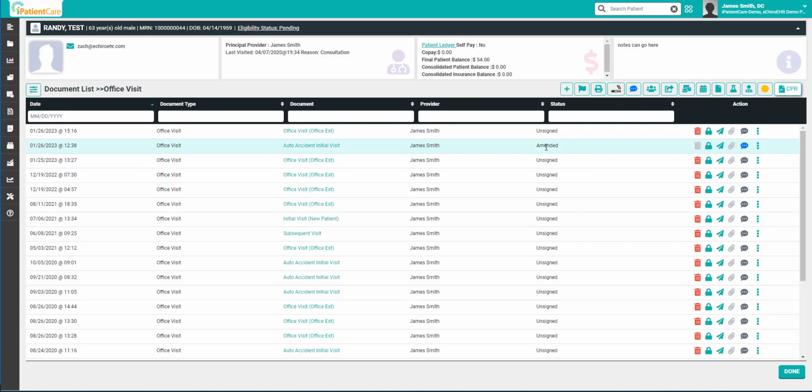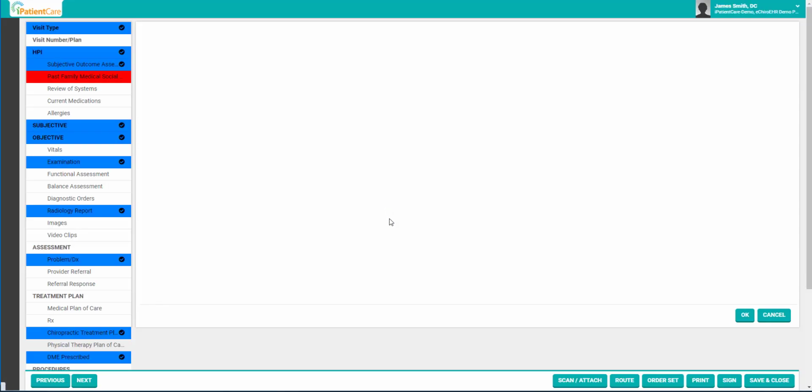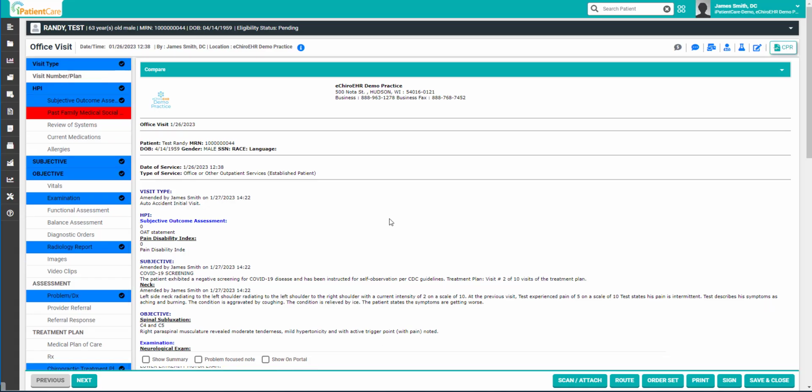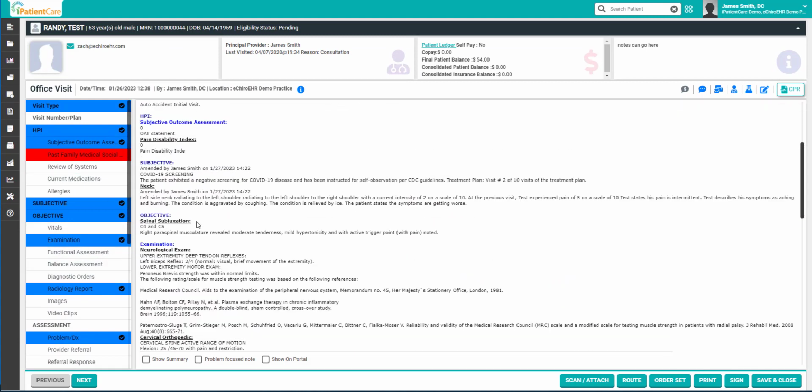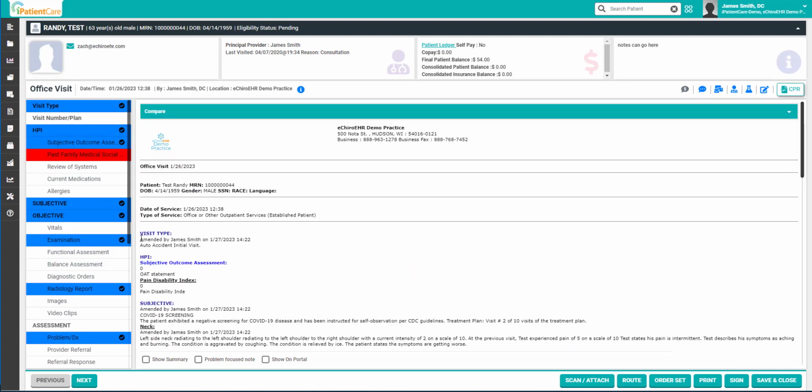You'll see that the note does show that it has been amended. When we open that note up again, of course, it has not been signed yet. It is currently in the amendment stage, if you will. But you'll see right here that it was amended by James Smith on that date at that time.